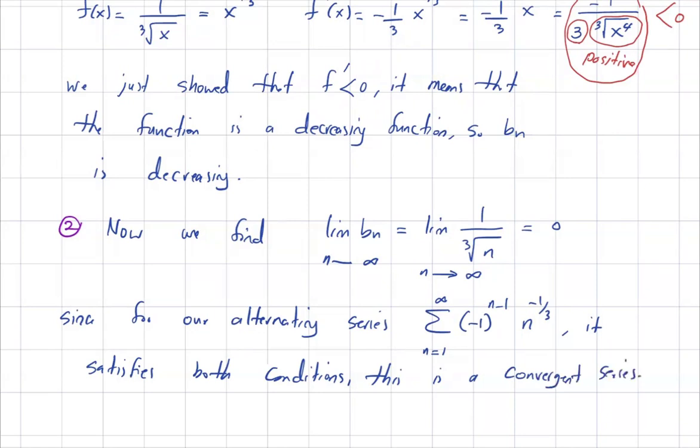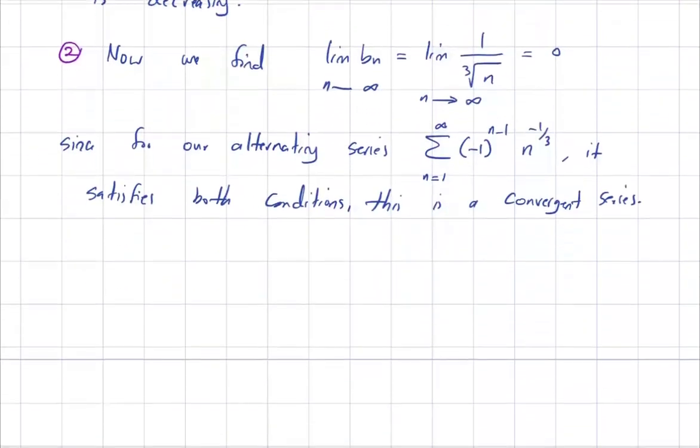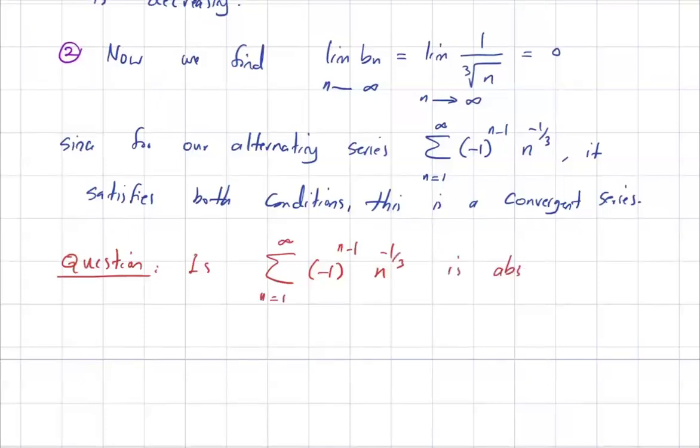The next question that we'll be having is: is this an absolutely convergent series? Question. Is the summation of -1 to power n minus 1 n to power negative a third absolutely convergent? Well, let's take a look at absolute value.